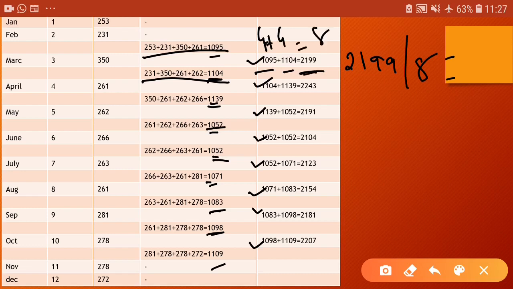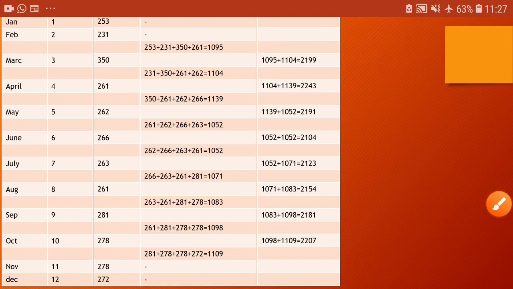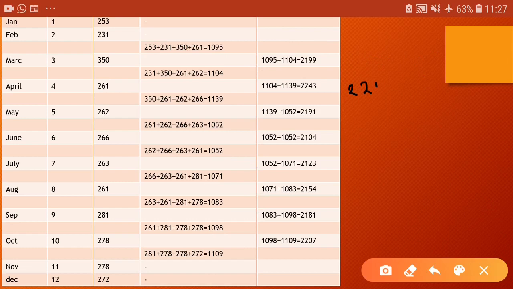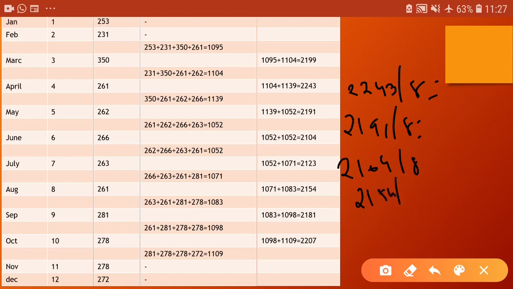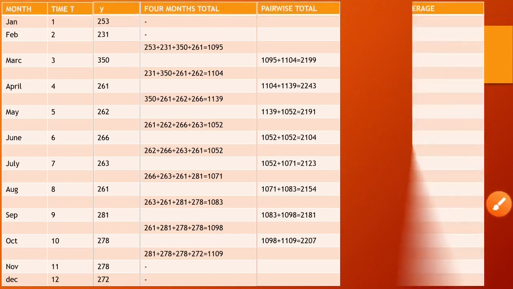So this 2199 is the total of 8 years, so you need to divide it by 8. In the same way, 2243, 2191, 2104 and 2154 you will be dividing by 8.